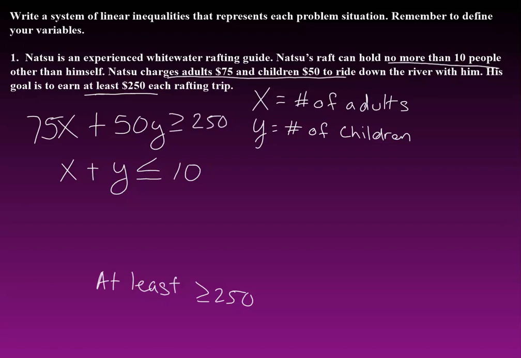And that's where the second inequality comes from. Again, remember x and y are the number of adults and the number of children. Each of those counts as a person, so that's why we add up x and y to figure out the 10.